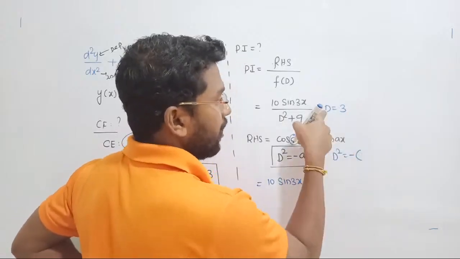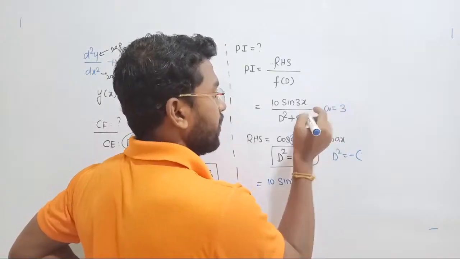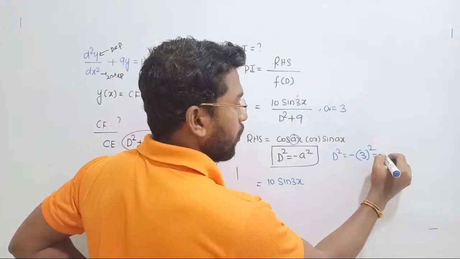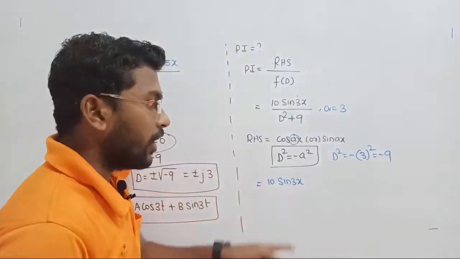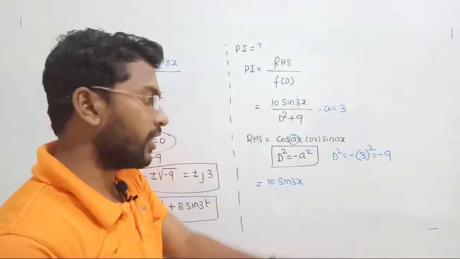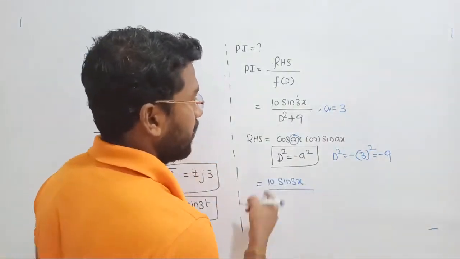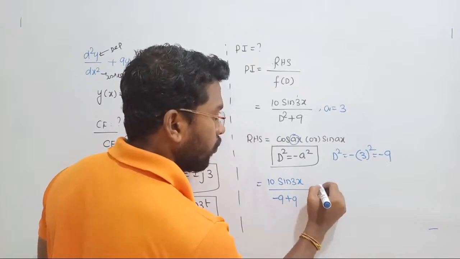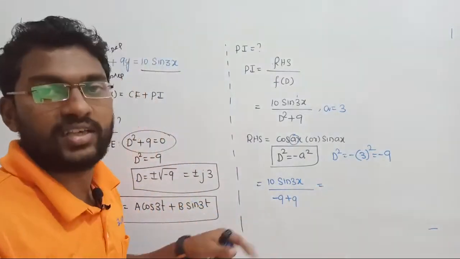A is 3, a square is 9, so D square is minus 9. Then minus 9 plus 9. What's wrong with me? I got 0 in the denominator.